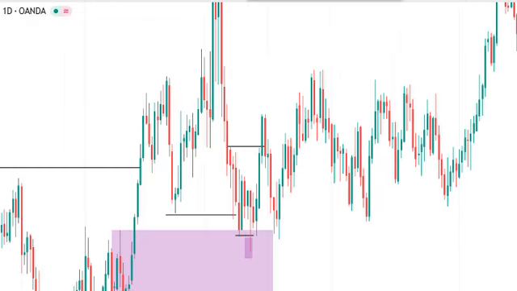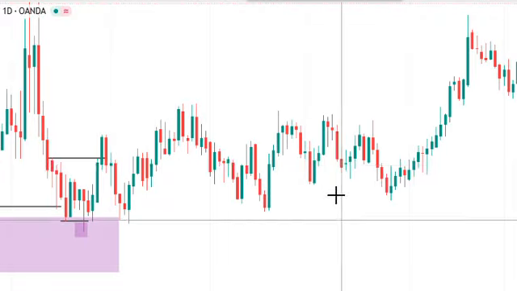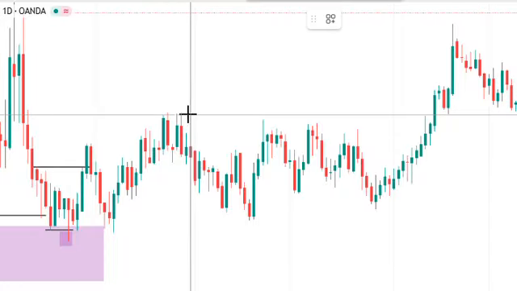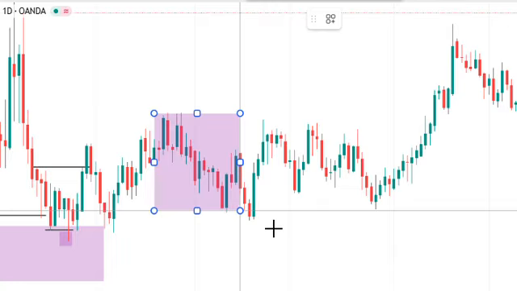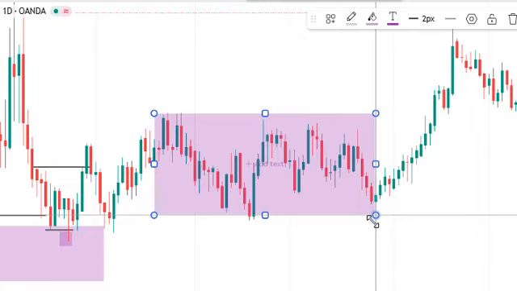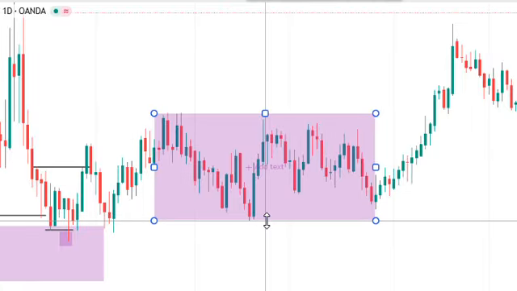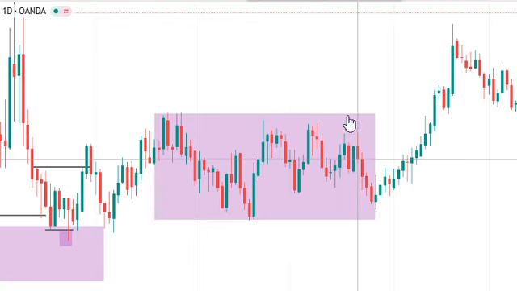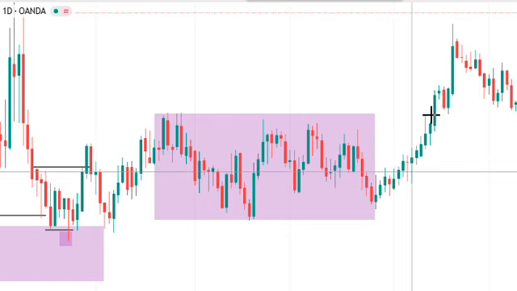Consolidate. Let's talk a bit more on this consolidation. It started all the way from here to here, and it is called our accumulation. The market accumulated right here, and boom, it pushed out.